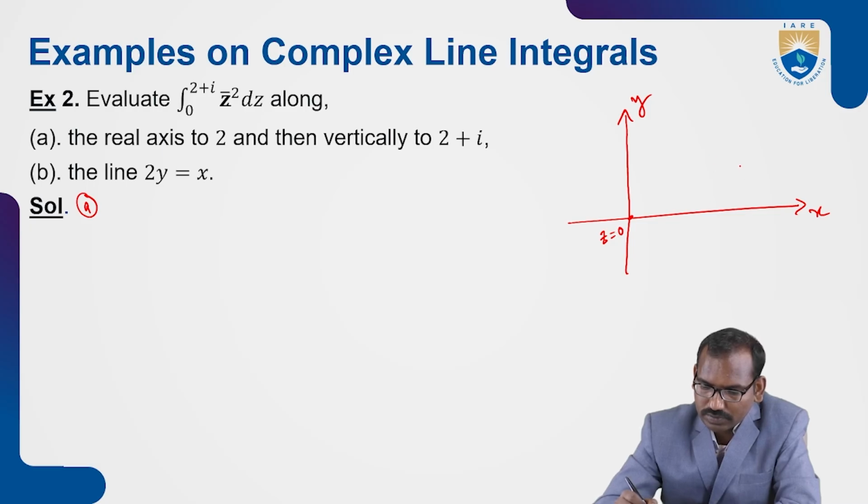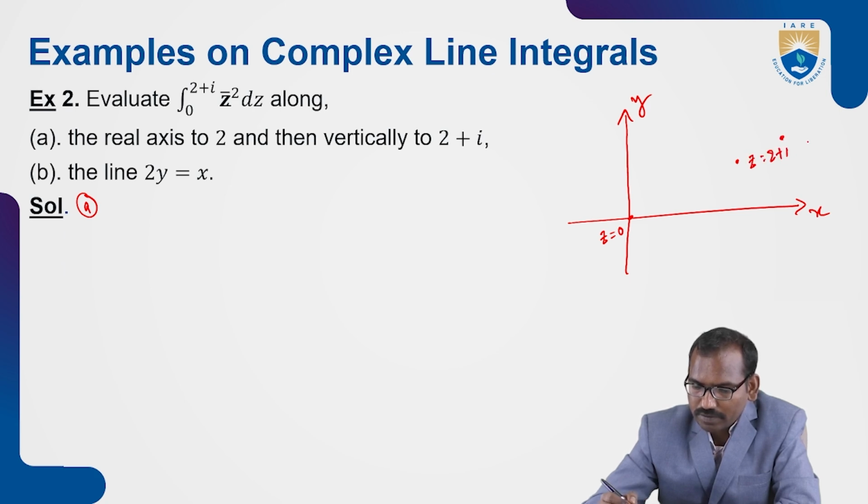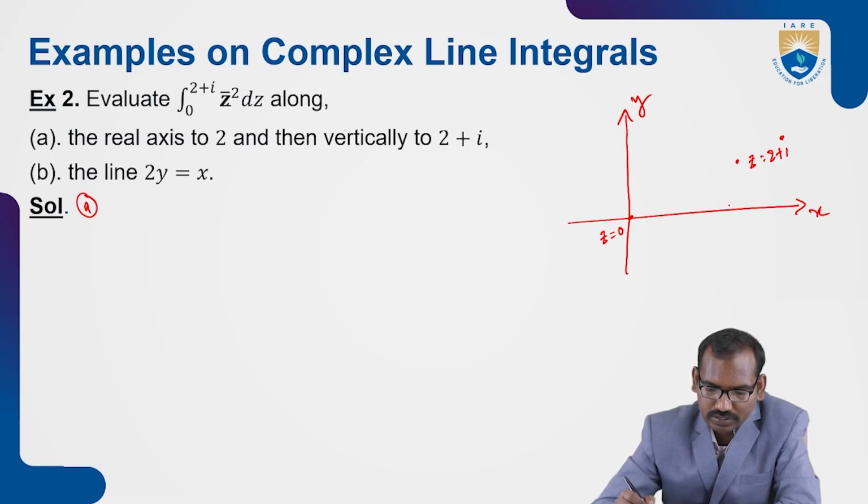Z equals 2 plus i. So when we are performing integration, we need to go first along the real axis, from 0 to 2. 2 is here. This is z equals 2.